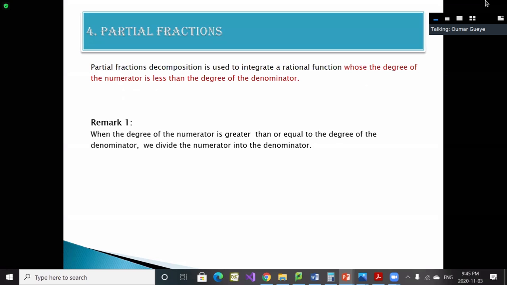I'm just going to show you an example. So let's suppose you have this rational function. You have f of x equal to a polynomial over a polynomial.